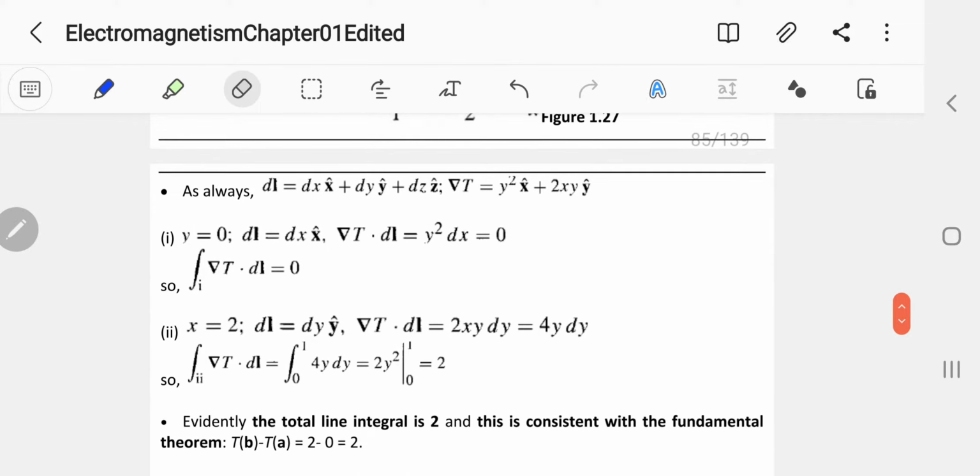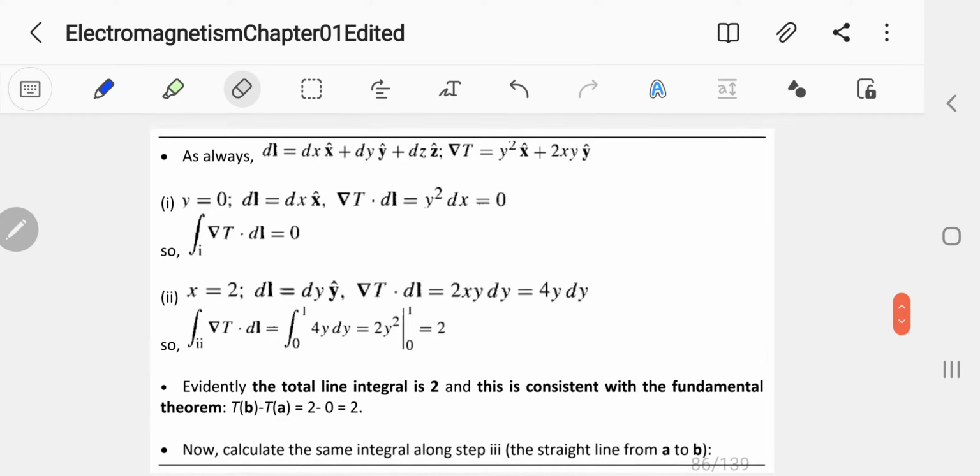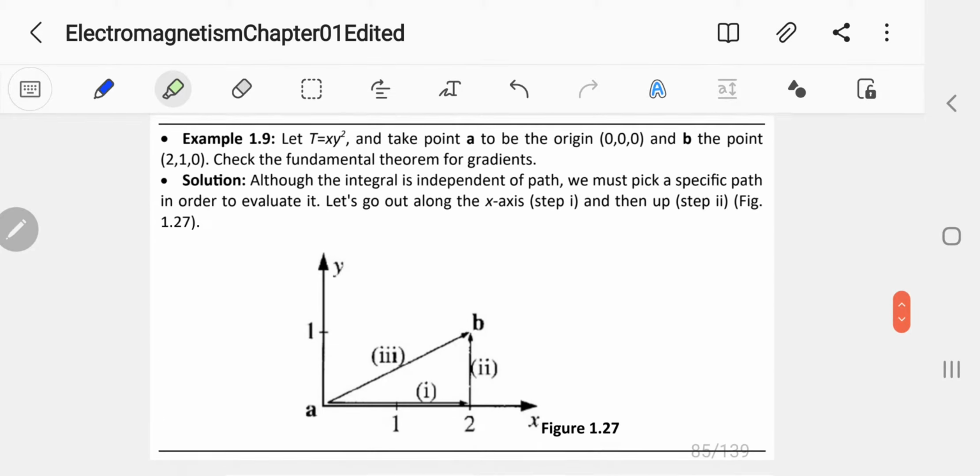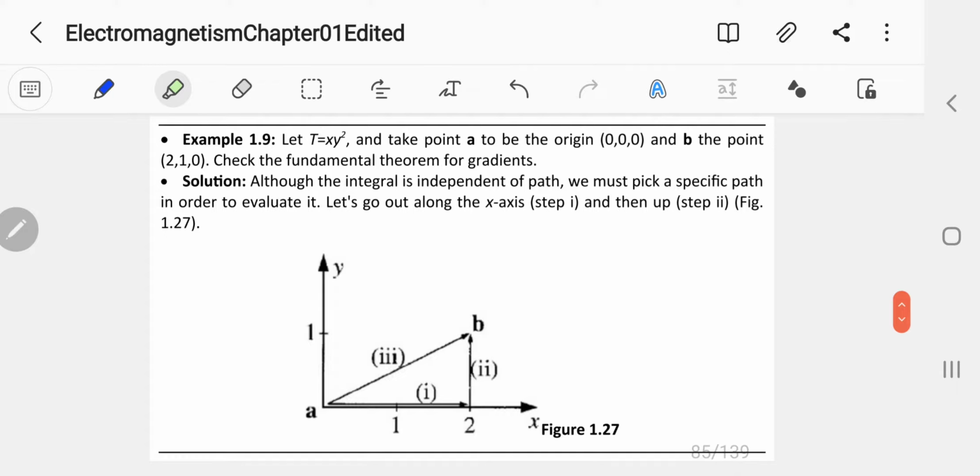So dl, as we have previously used it, in the Cartesian plane is just this one, and your t, as you can calculate, is t equal to xy squared.